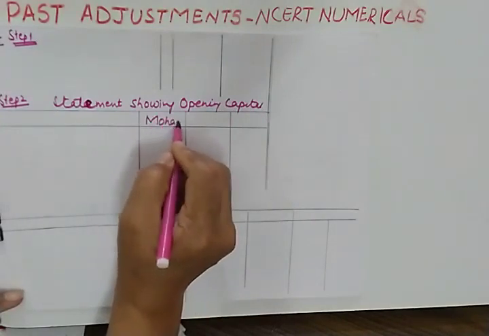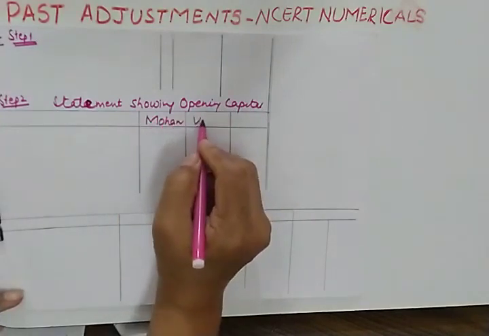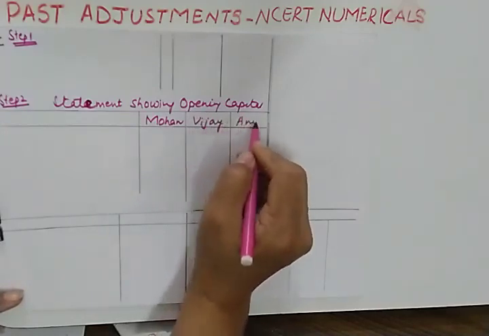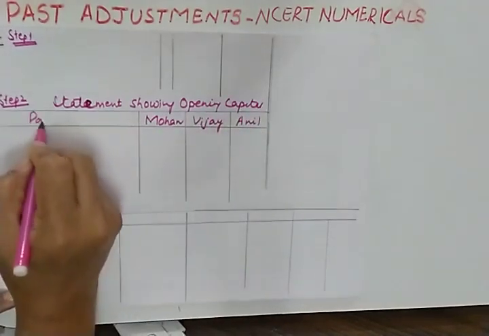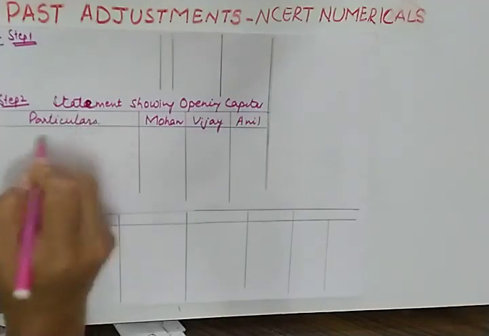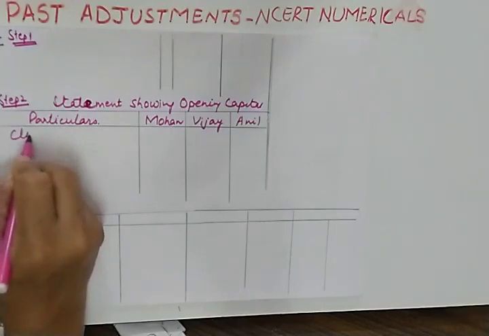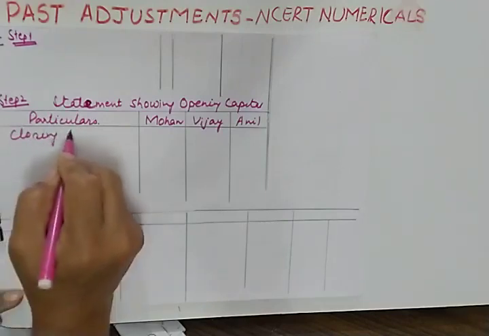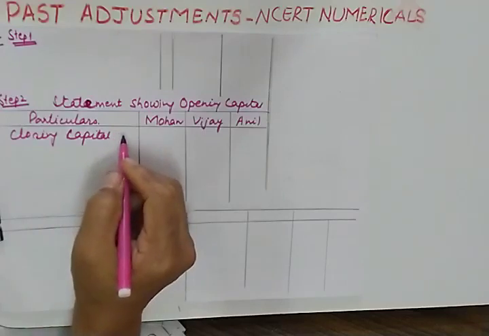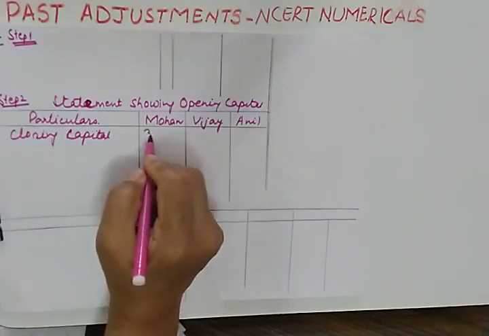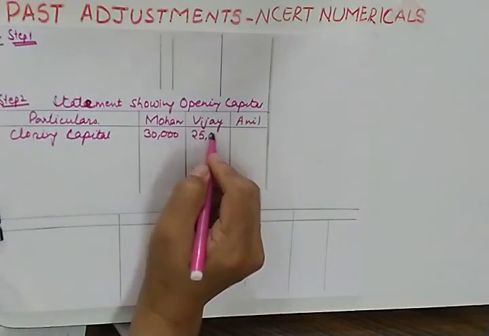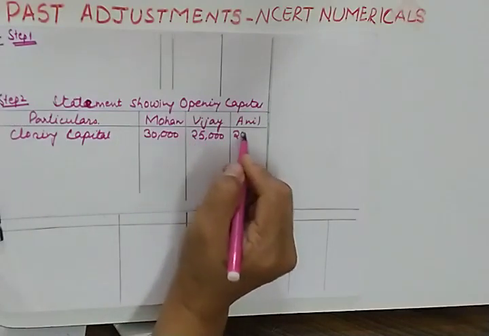Again we will make a combined statement to save time. So these are the particulars or contents. First of all, you will write their closing capitals. So the closing capitals of these partners are 30,000, 25,000 and 20,000.